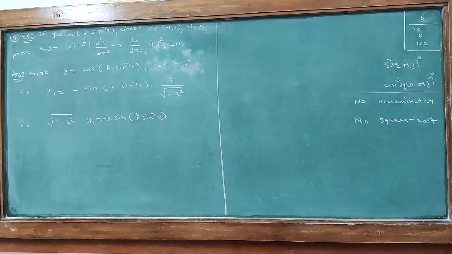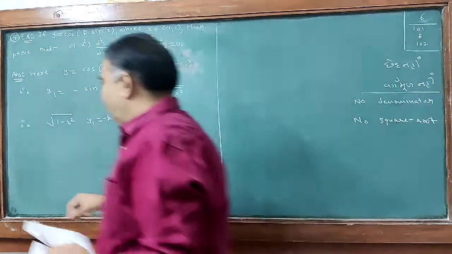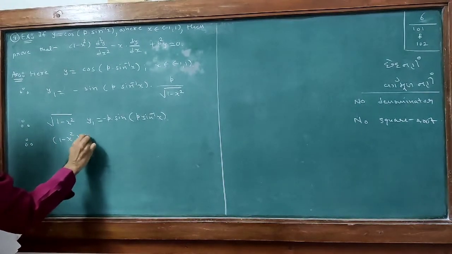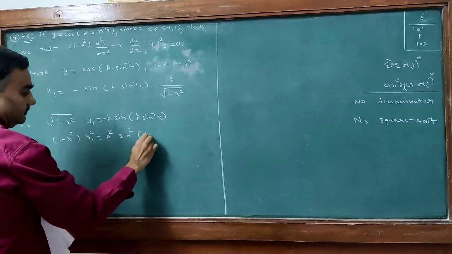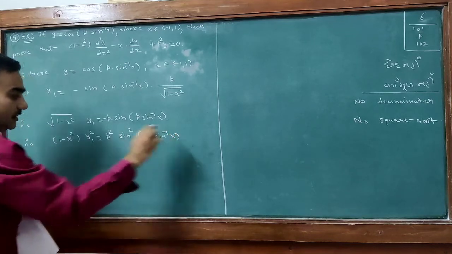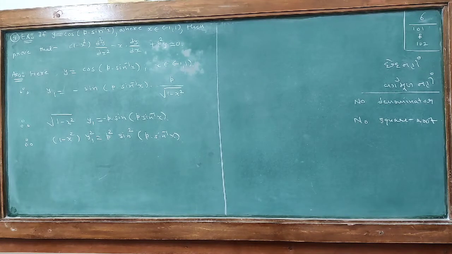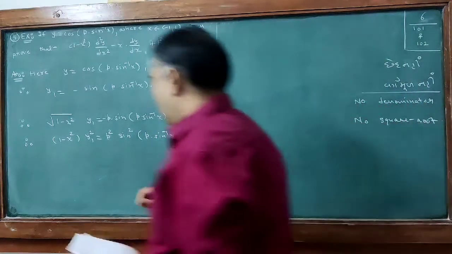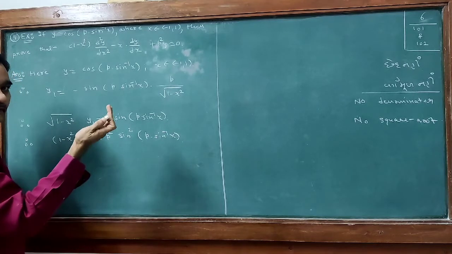Taking square on both these sides, squaring both the sides, so can I say this is equal to minus p is there, but as we are taking square, there is no meaning of minus.